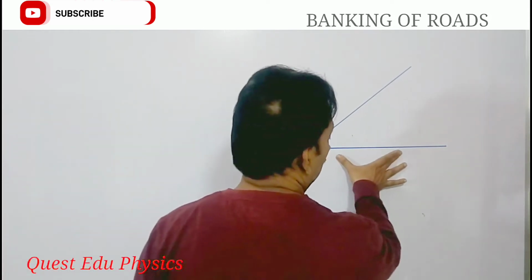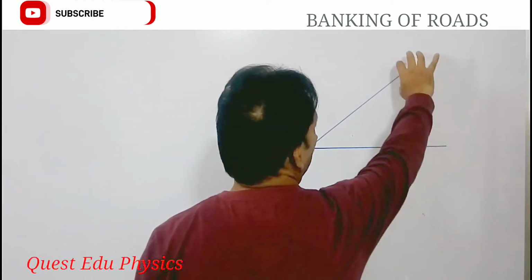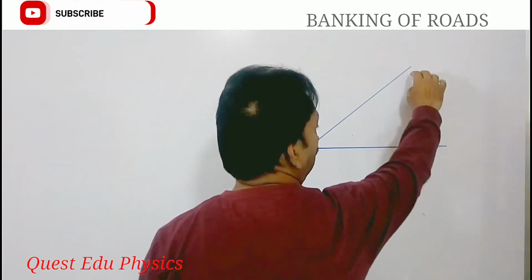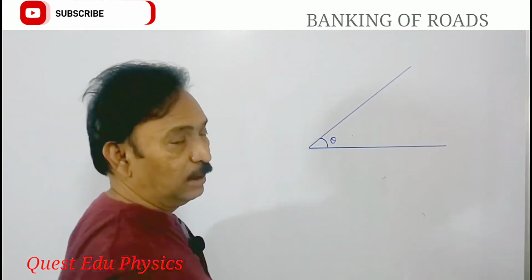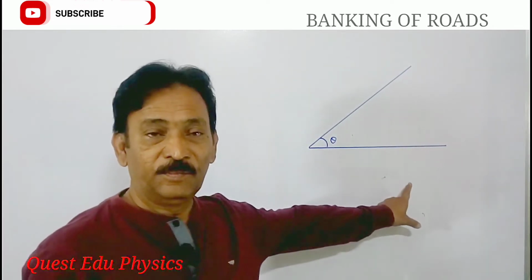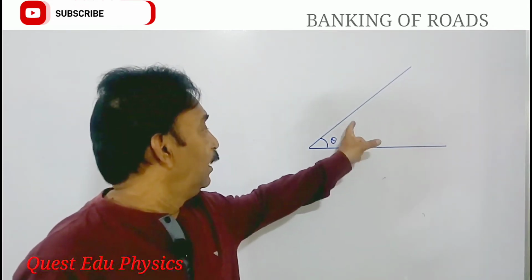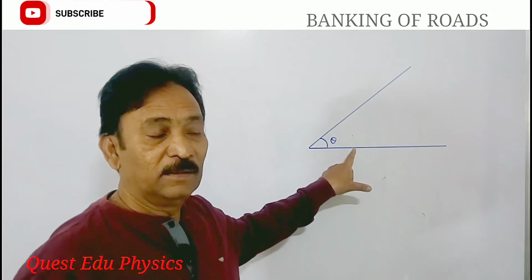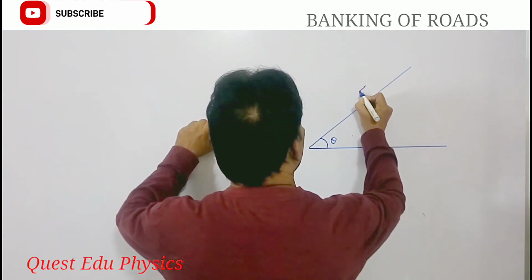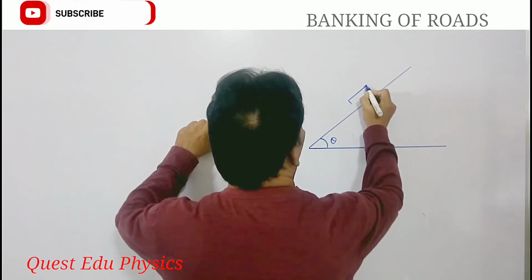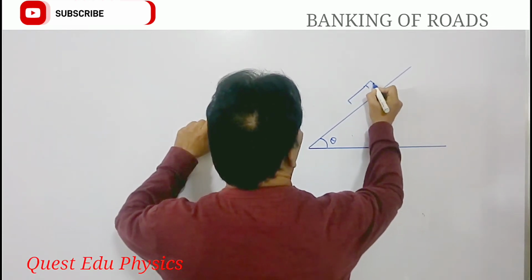That means it is the ground and we elevated this one to an extent of height, and it's making an angle of theta with the horizontal. We call it the angle of banking. Let's say a vehicle is moving. It is the vehicle.